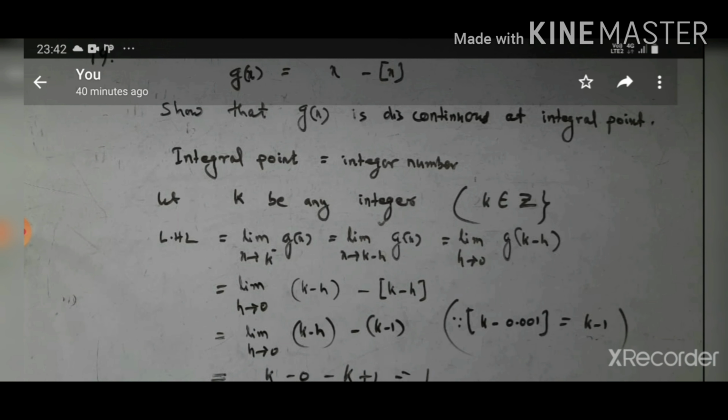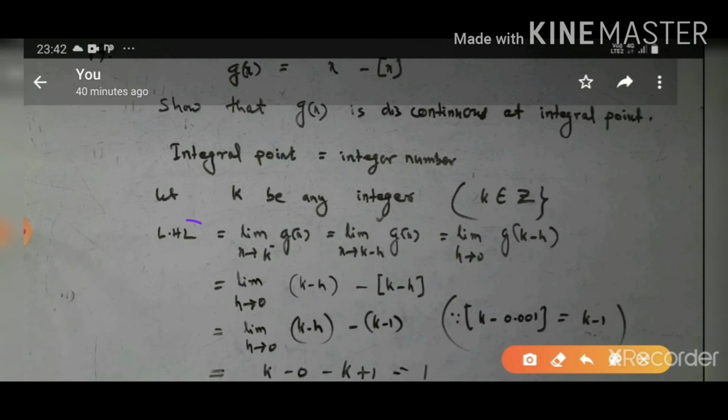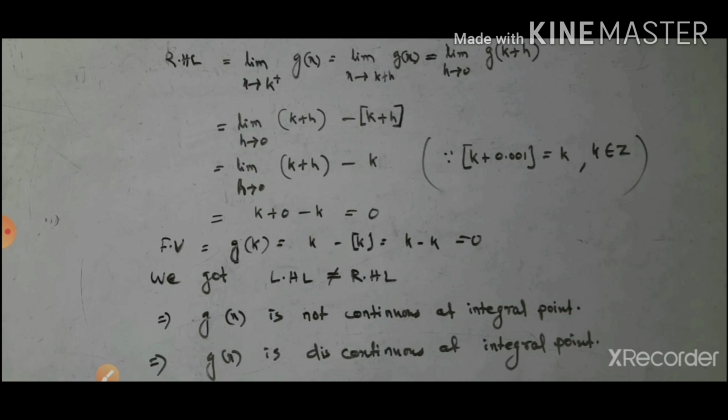There is no need to simplify more, so take the limit with h equal to 0: k minus 0, open the bracket, minus k plus 1, then k and k cancel, and that gives 1. So the left hand limit equals 1.